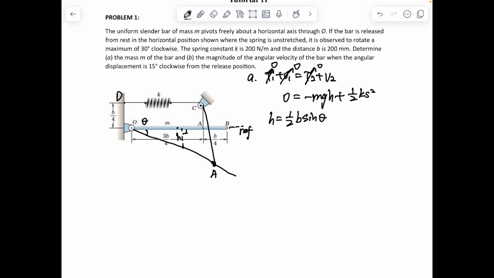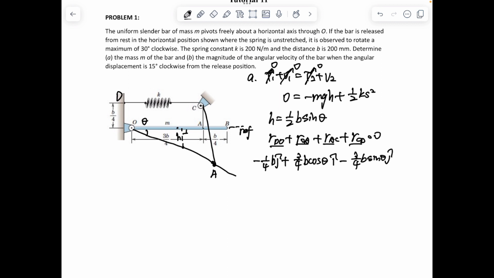We can solve for S by summing all the vectors right here. Then RDO plus ROA plus RAC plus RCD is equal to 0. So RDO is equal to negative 1 over 4 B J plus 3 over 4 B cosine theta I minus 3 over 4 B sine theta J, plus RAC plus negative 3 over 4 B I. This is equal to 0.